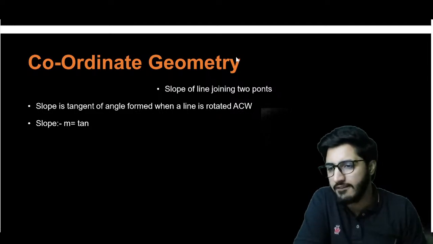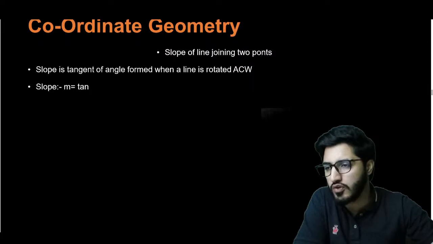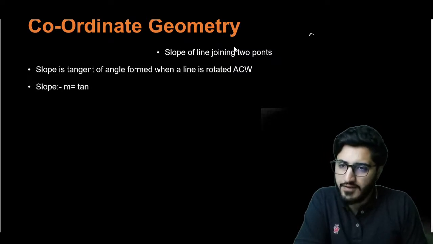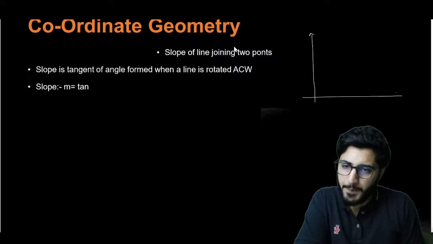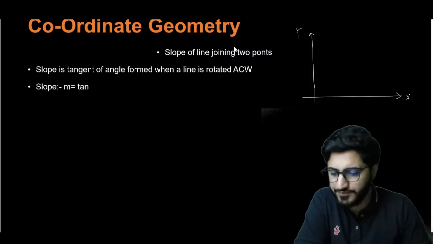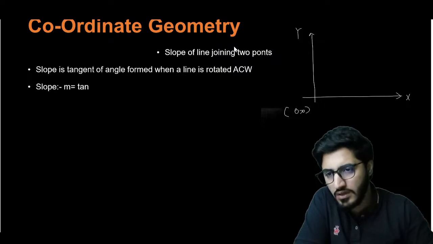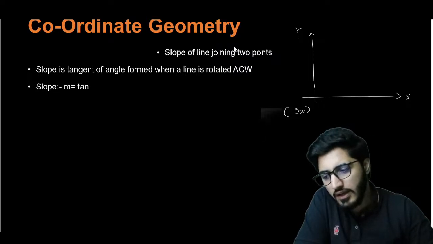Now, if we are having a slope of a line joining 2 points, how to find the slope of a line joining 2 points? Okay, let us suppose we are having a system like this. Let us suppose this one is x and this one is y. This is 0 comma 0, and we are having 2 points here.